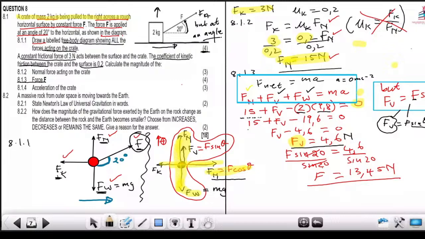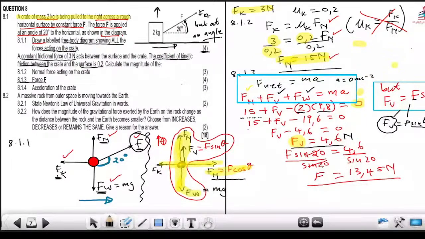Because it has all the forces that are making this object accelerate. Like I said, the force is applied at 20 degrees, but the object is not moving at 20 degrees. It's moving horizontally. So FH is the force that is making it move horizontally.